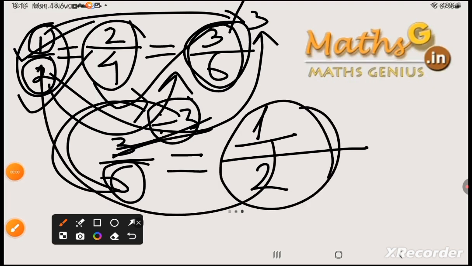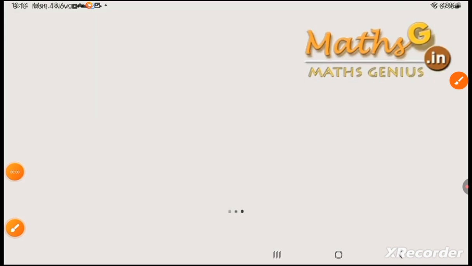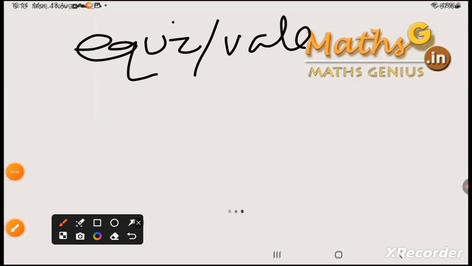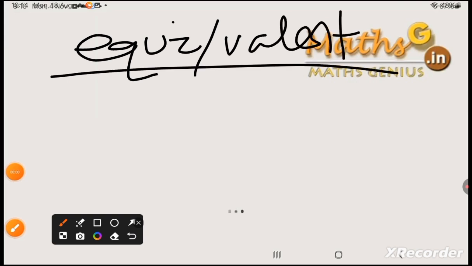Is it the original fraction? Yes. So in the case of equivalent fractions, what is the logic? Either you multiply or you divide the numerator as well as the denominator with the same value.